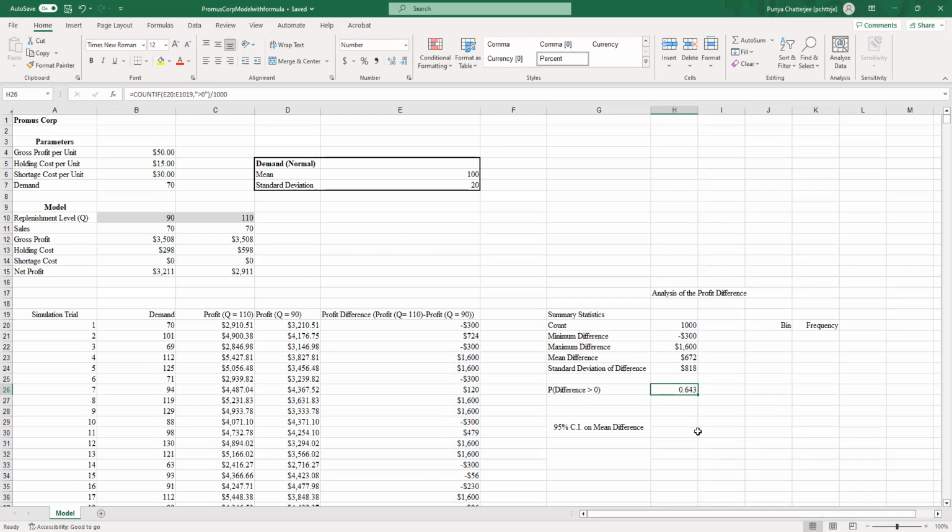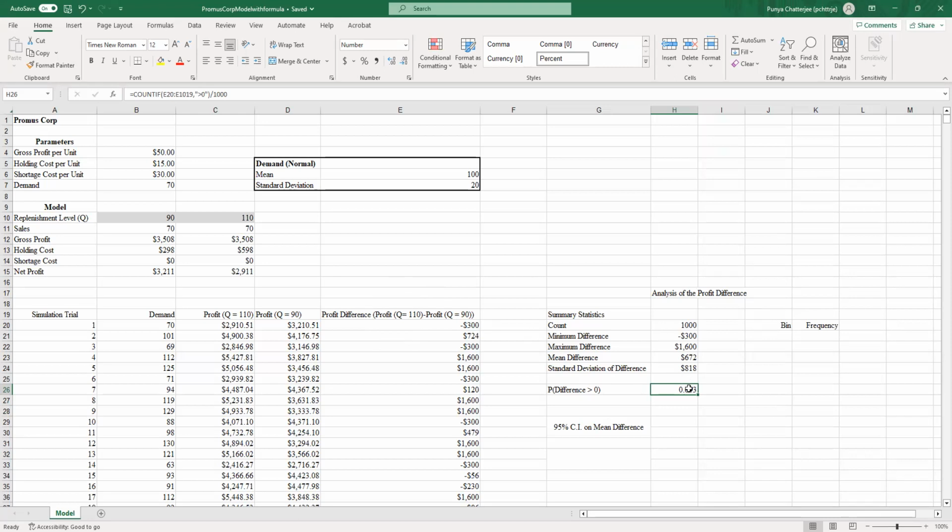So with probability 0.643, or with a chance of 64.3%, this profit difference is positive, right? Which means that there's a more than 60% chance that replenishing 110 units will give you more profit than if you replenish 90 units.